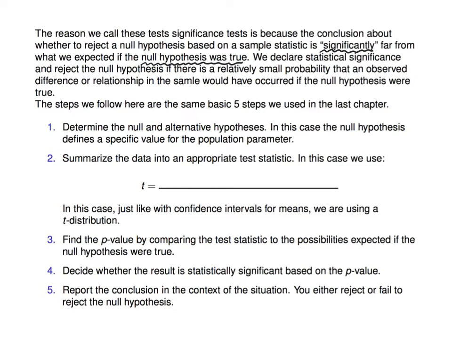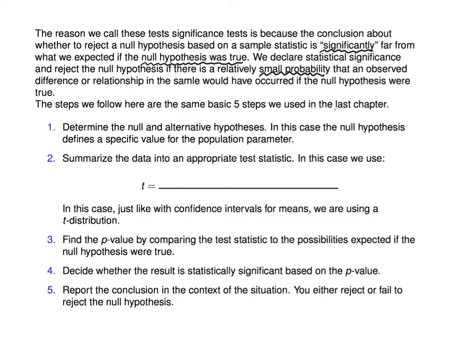And we declare statistical significance and reject the null if there is a small probability that an observed difference or relationship in the sample would have occurred if the null hypothesis were true. So you have 2 things happening here. You have the test statistic, which corresponds to that p-value, and a big test statistic has a low probability. And we saw that in chi-squared values too. Big chi-squared was a low p-value.